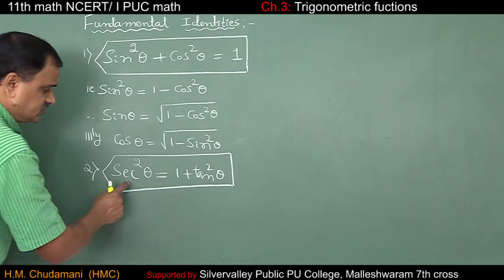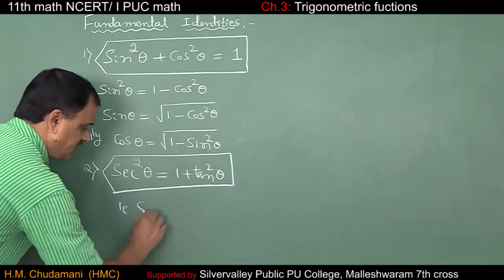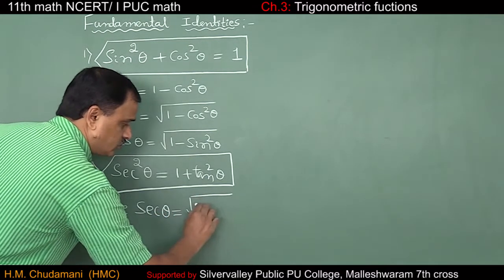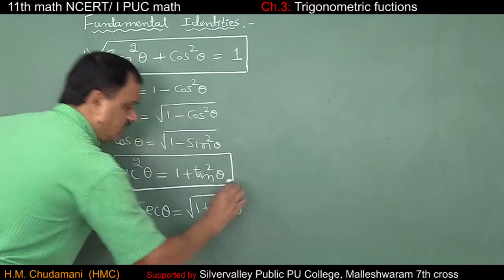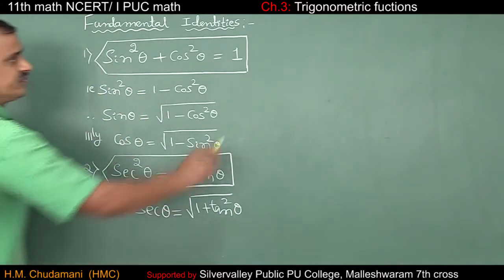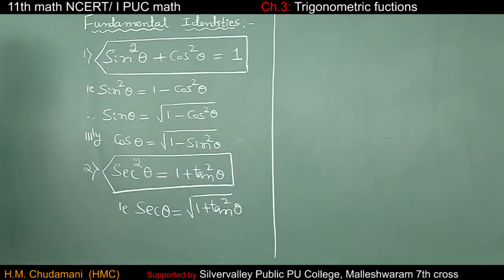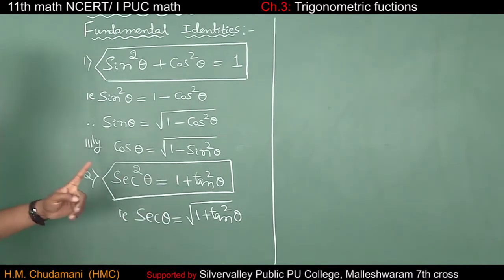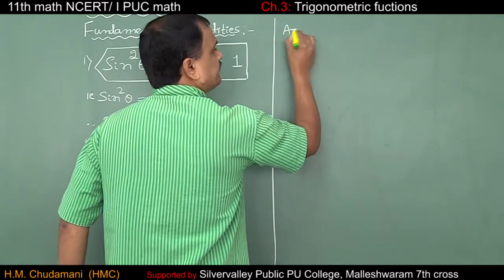Secant square theta is 1 plus tan square theta, which can be arranged as secant theta is equal to root of 1 plus tan square theta. Of course, that can also be written as secant square theta minus 1 is equal to tan square theta.